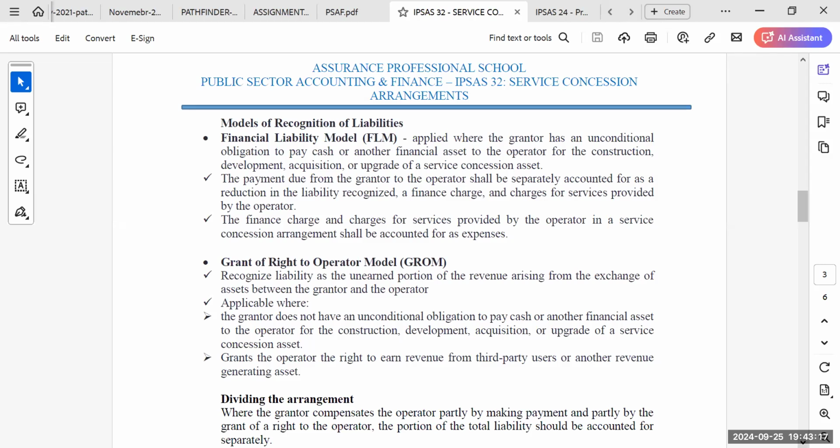Financial liability model comes in when the government has unconditional obligation to pay cash or another financial asset to the operator for the construction, development, acquisition, or upgrade of a service concession asset. Okay, in this case, the government can recognize any finance charge, or by recognizing, let's say, the present value of the amount.